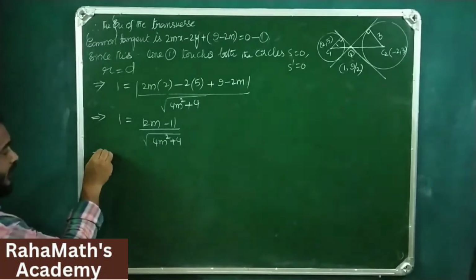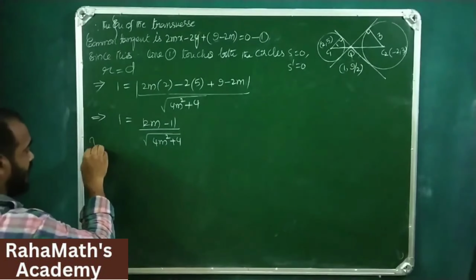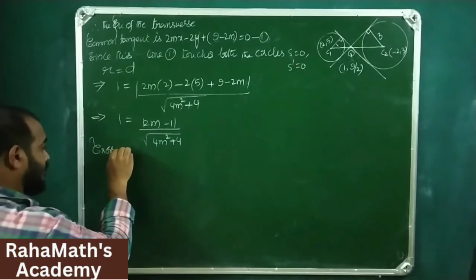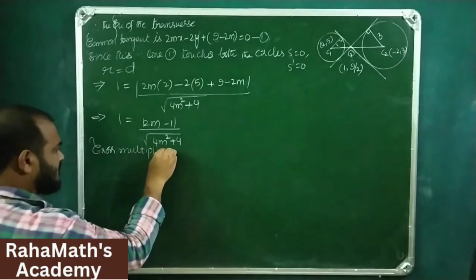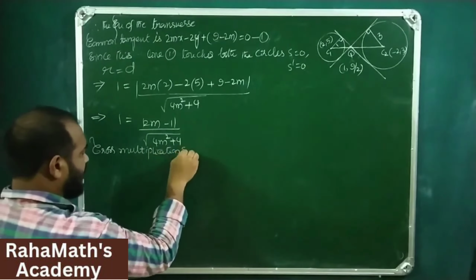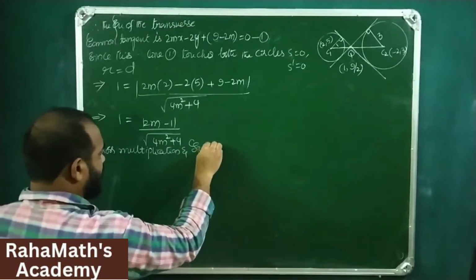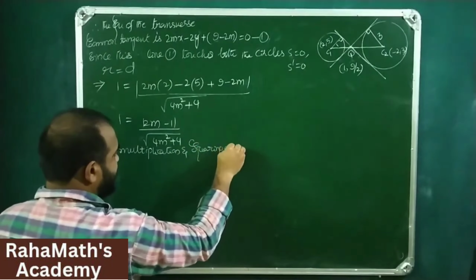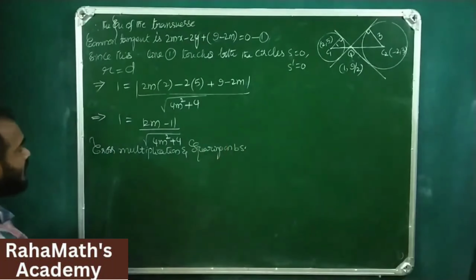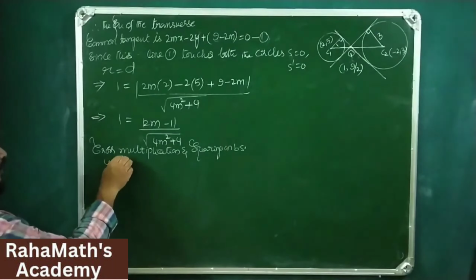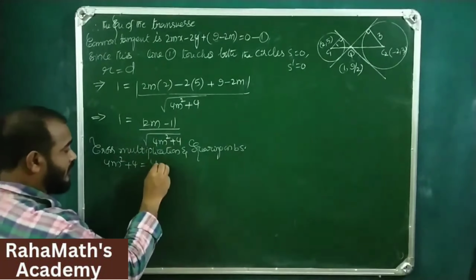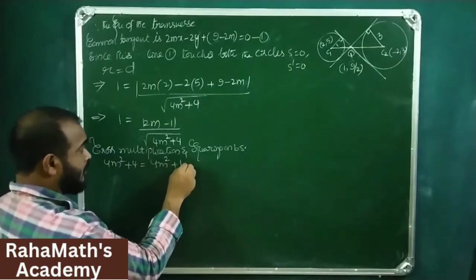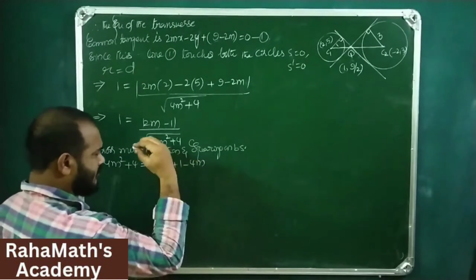So cross multiplication and squaring on both sides gives us 4m square plus 4 is equal to (2m minus 1) whole square, 4m square plus 1 minus 4m.